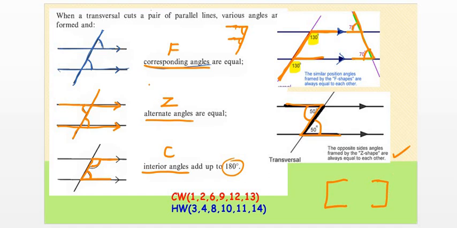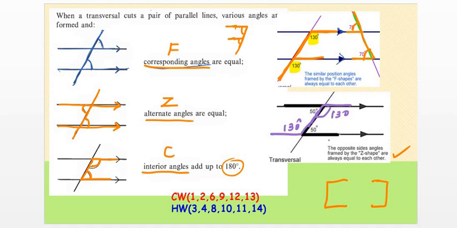Same is the case for Z. Sometimes the Z shape is not proper, look at this. If I take this Z shape, the one that I'm showing with the purple color, this angle is 130 and this angle is also 130, but the Z shape is a little bit stretched, but it doesn't matter. It's not always a proper Z shape.